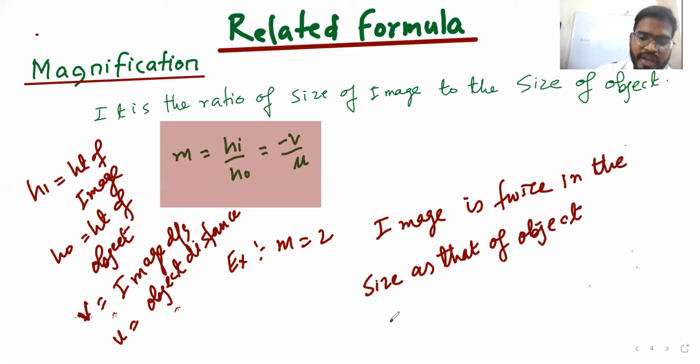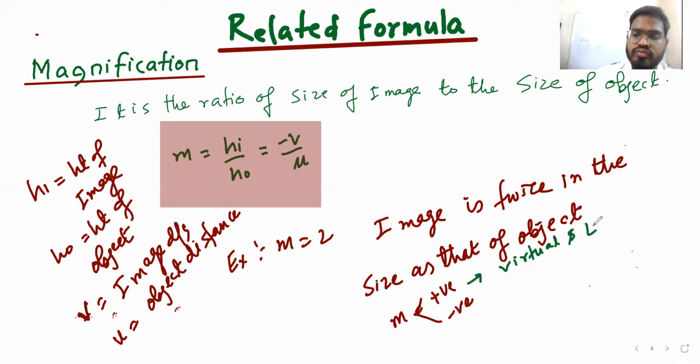Magnification can be positive or negative. If it is positive, then the image will be virtual and erect.